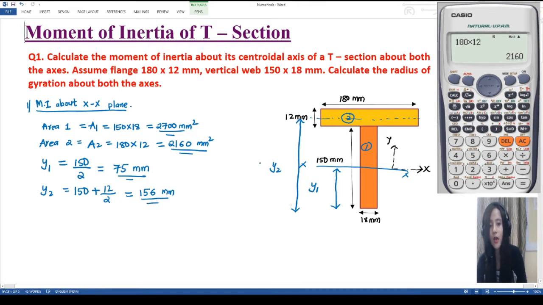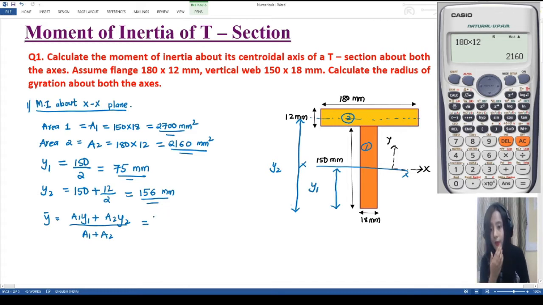Now let's find out y bar. Let us see at what distance the centroid, the crossing of my x-axis and y-axis, lies. That distance is y bar, which is equal to A1 y1 plus A2 y2 divided by A1 plus A2. So this is the formula.